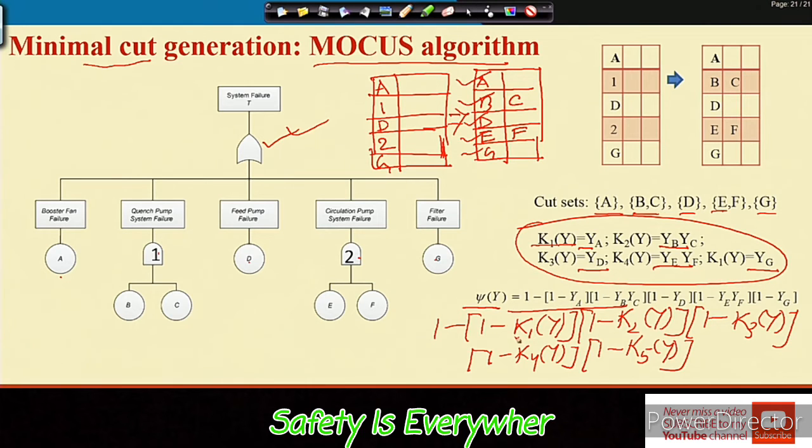In k 1 y we will write y A, in k 2 y we will write y B into y C. So, like that we will get this structure function.